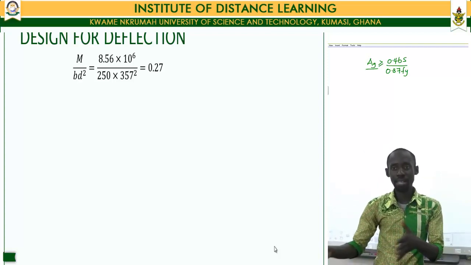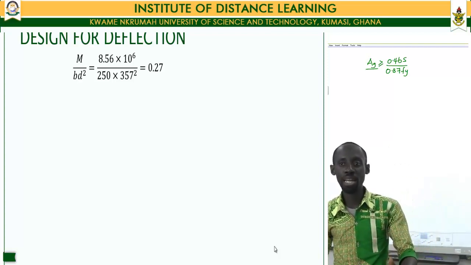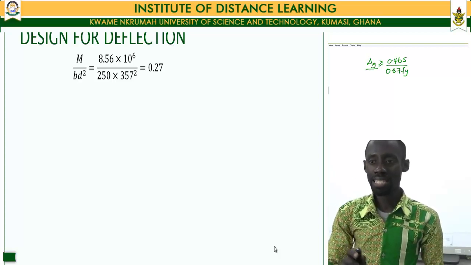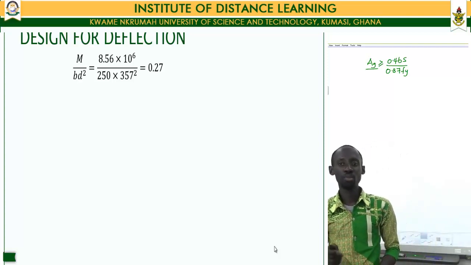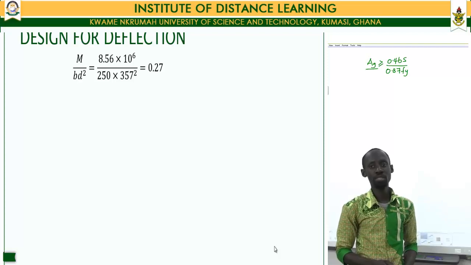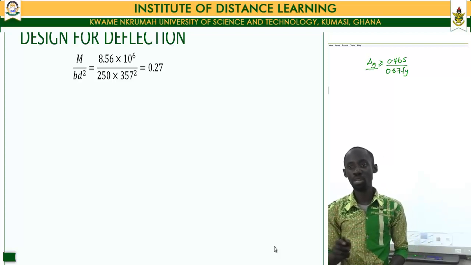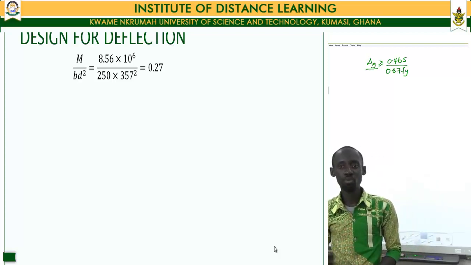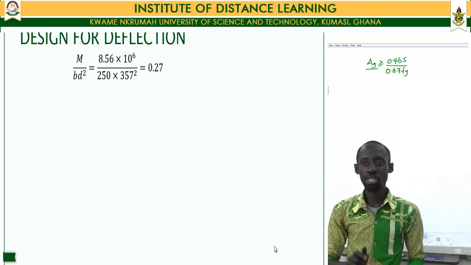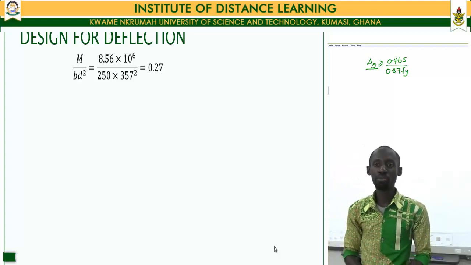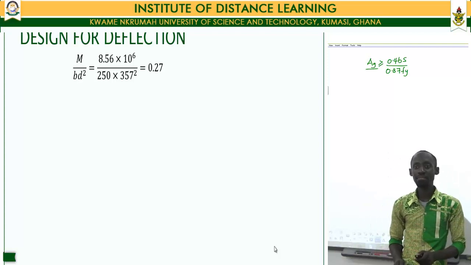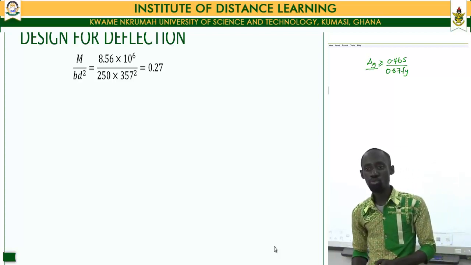So we go to the near end of our mid span, and we pick the moment value there. The moment value at the near end of our mid span was given as 8.56 times 10 to the power 6. We divide by our bd squared, which is 250 multiplied by 357 squared, and that gives us a value of 0.27.